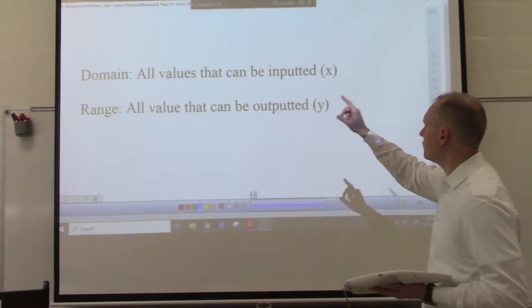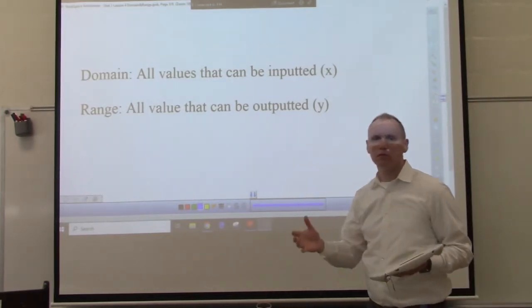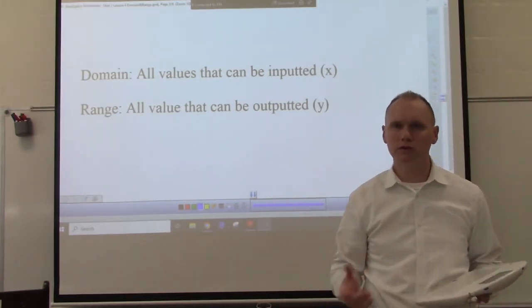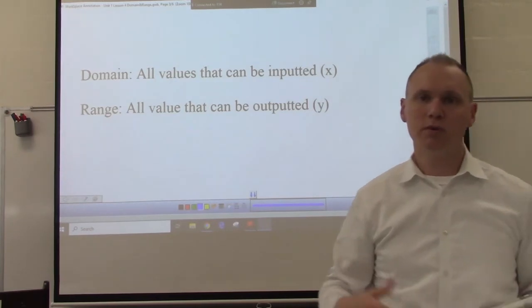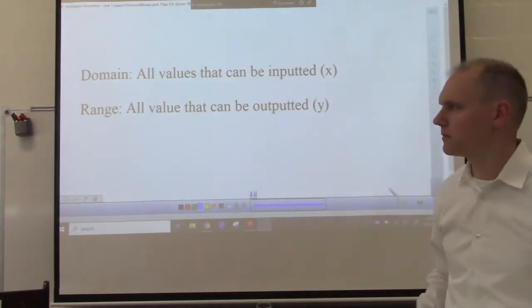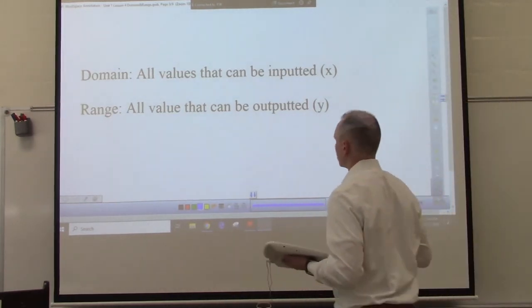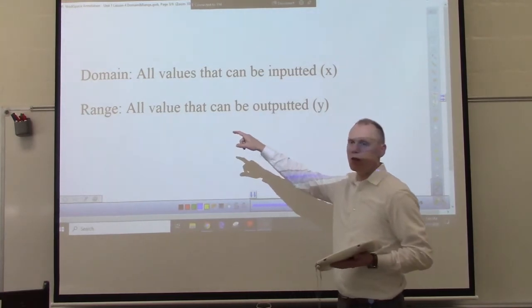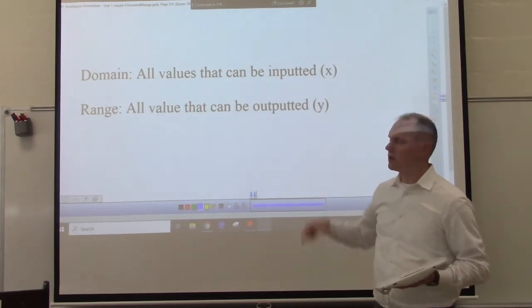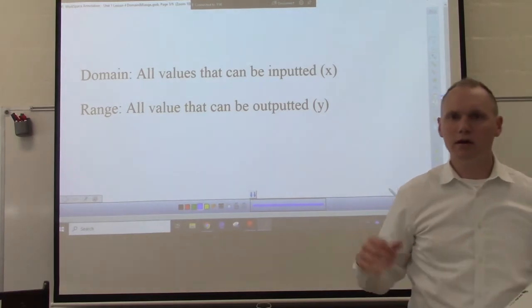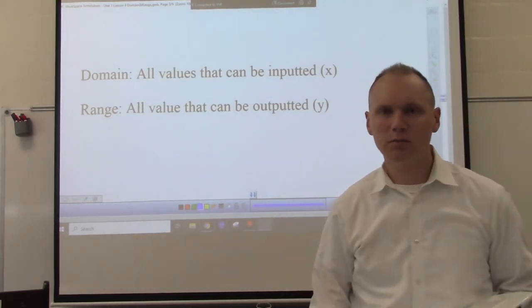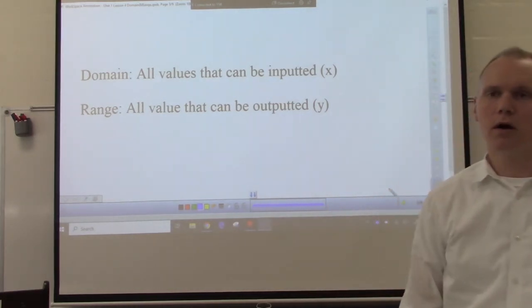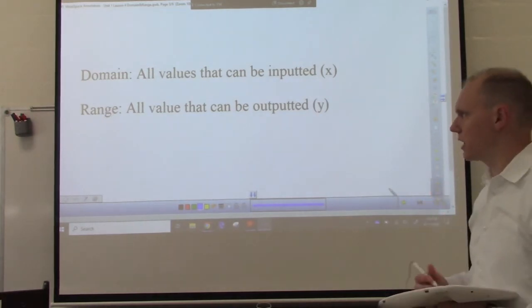So the domain is all values that can be inputted, and there's a number of things that might keep us from inputting certain values, and it may just be it doesn't make sense in the context, that kind of thing. But it's all values that can be inputted, and the range is all values that can be outputted. So all the values that could possibly be outputted are going to make up our range.